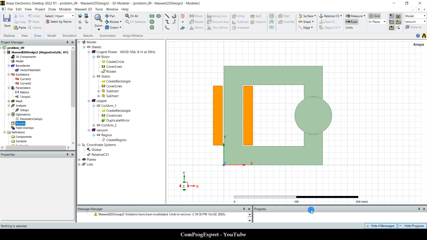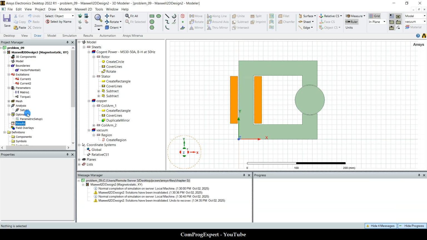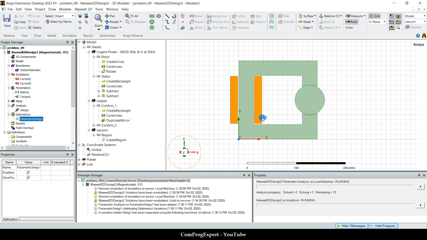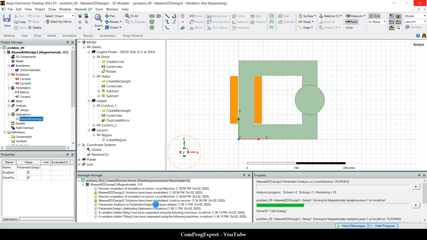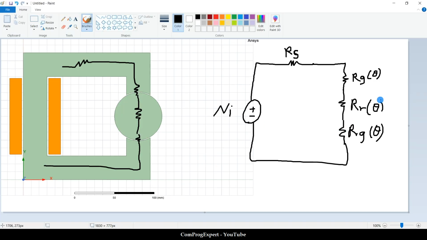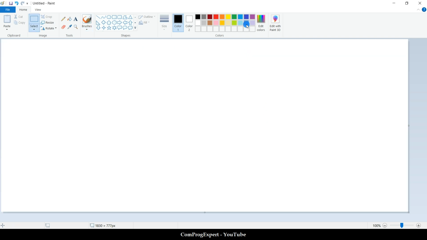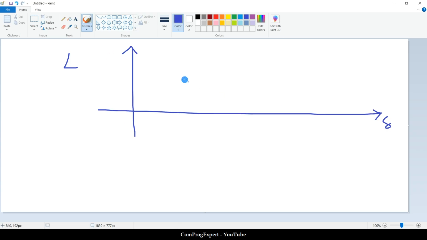So, Optimetrics, let's analyze the problem. What do you think? In this case, we don't have any variation in the value of the reluctance as a function of theta. So the value of the coil inductance as a function of delta, or as a function of rotor position, is constant.